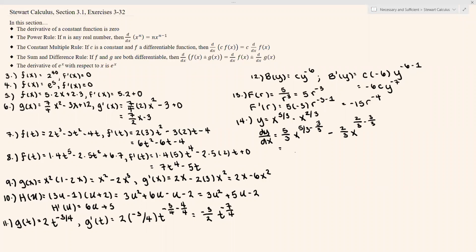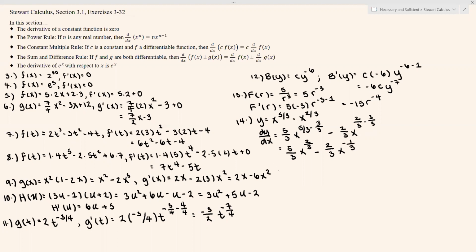And if we clean this up a bit, we have 5 over 3 x to the power 5/3 minus 3/3 is going to be 2/3, minus 2/3 x to the power 2/3 minus 3 over 3 is going to give us minus 1/3.